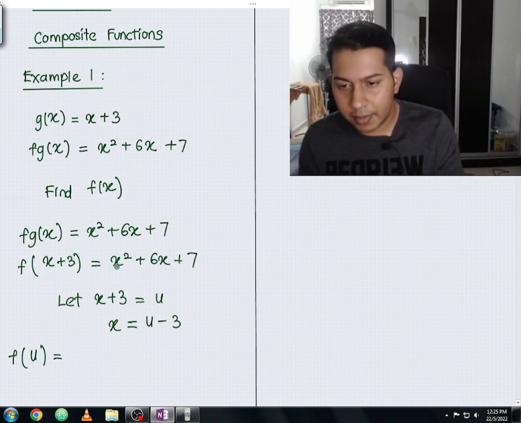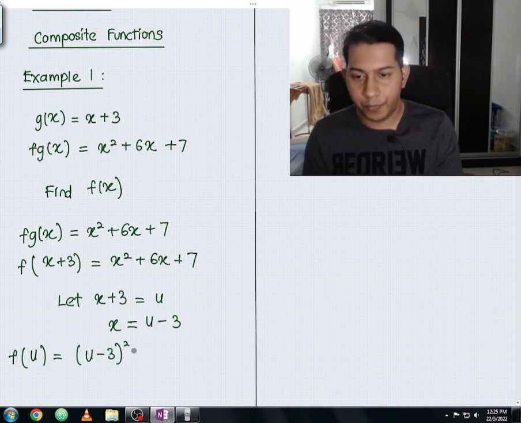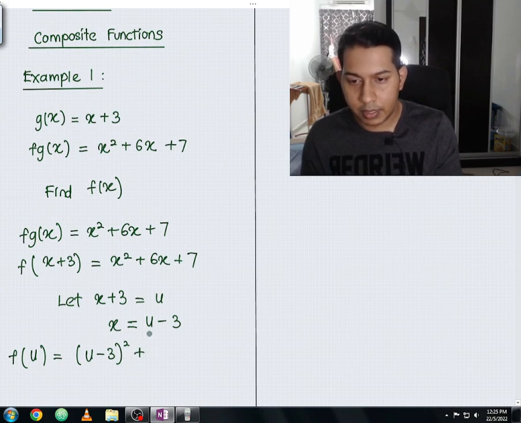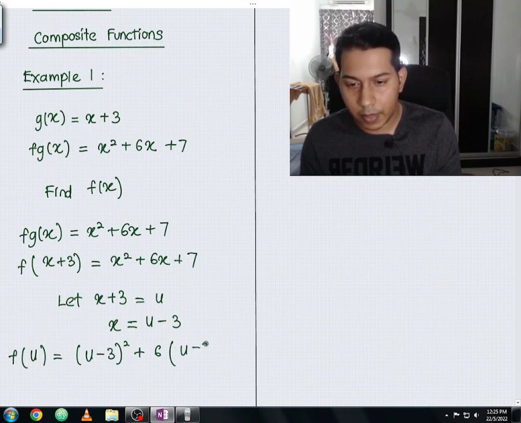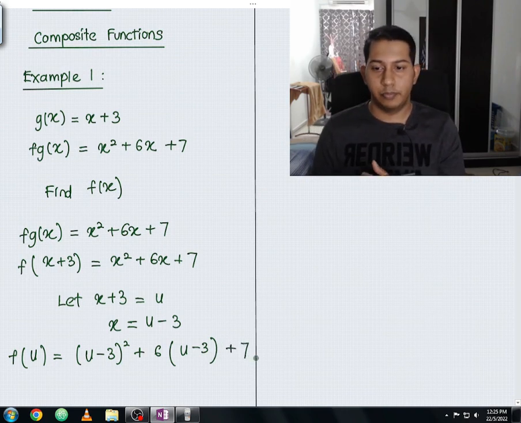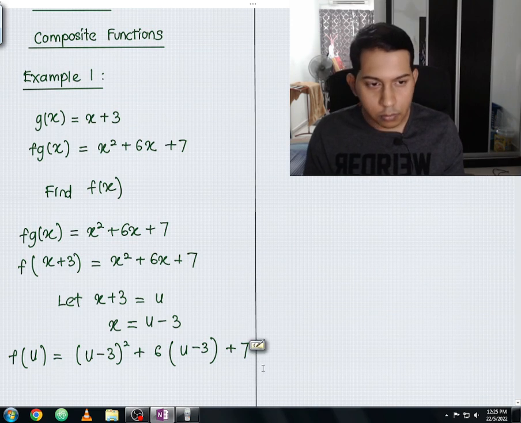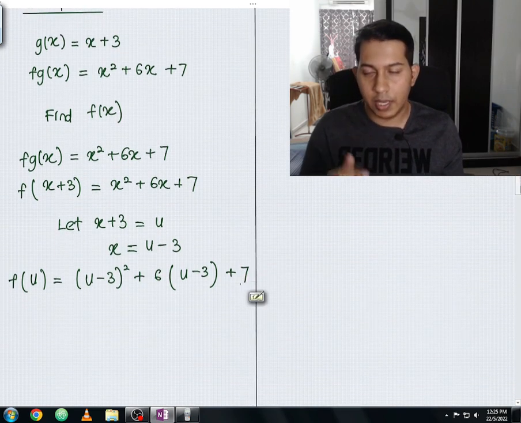Since you've already let x be equal to u minus 3, it will become (u minus 3) squared, and then you plus 6 in a bracket, and here you have another x, so you substitute it as u minus 3, close bracket, and then you plus 7. So from here, let us continue our working.